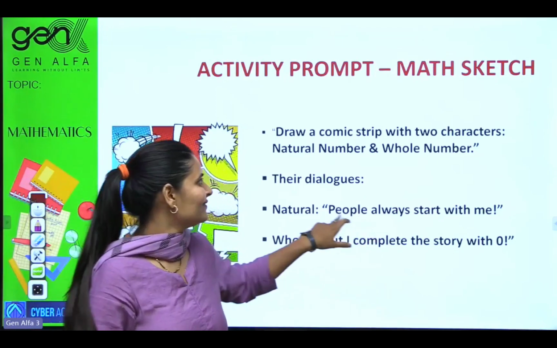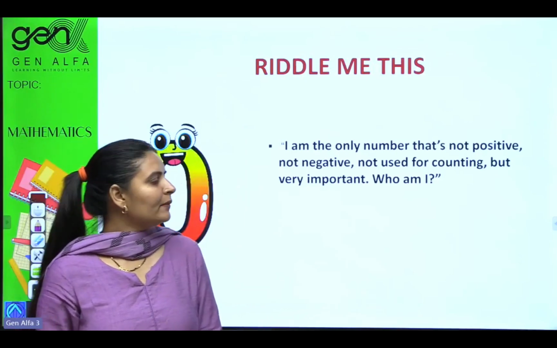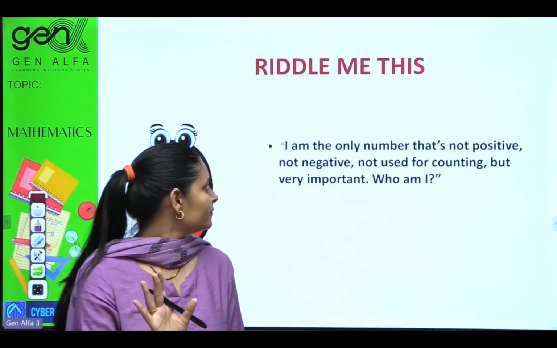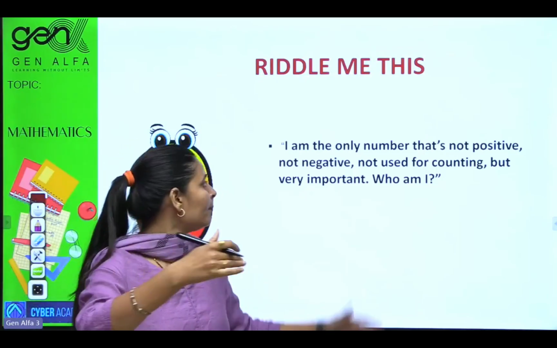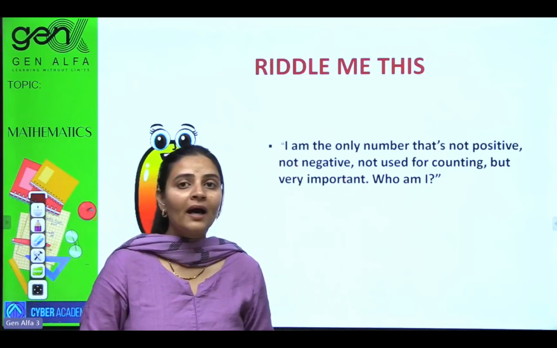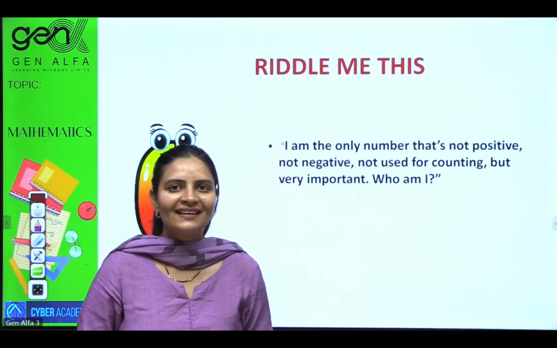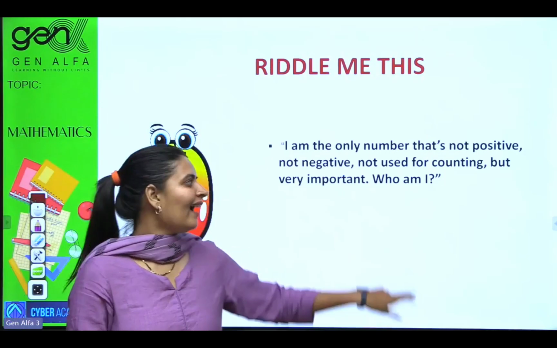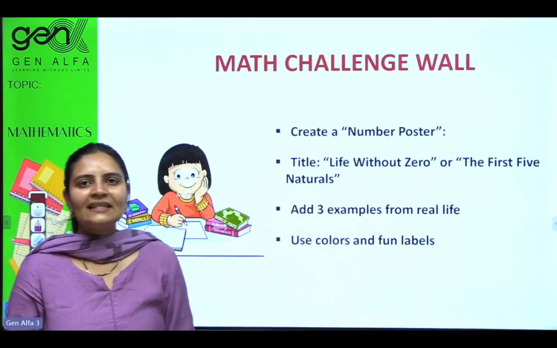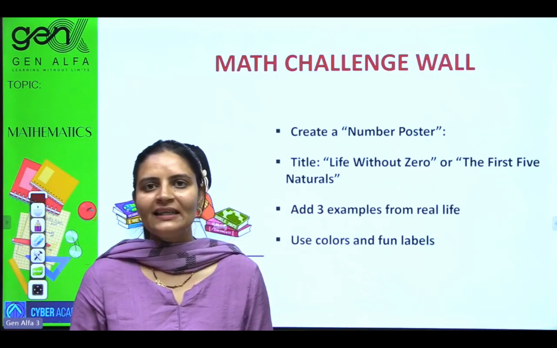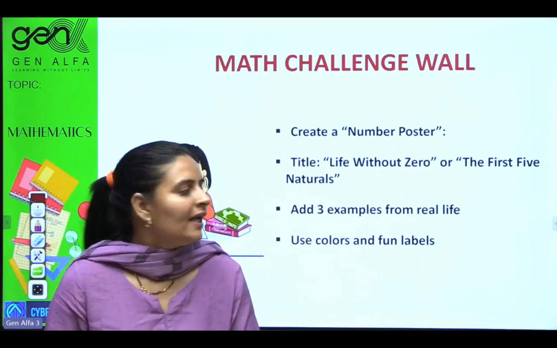So I am the only number that's not positive, not negative, not used for counting, but very important. Who am I? It's very obvious. Zero. So create a number poster. My number thinkers, I want you to do this. Just let's get visual now.